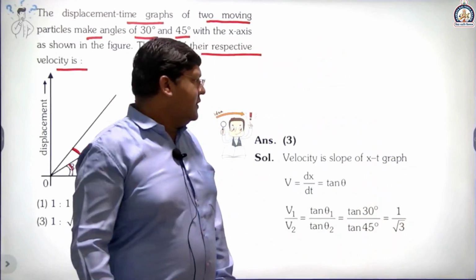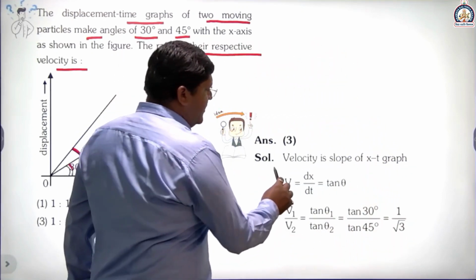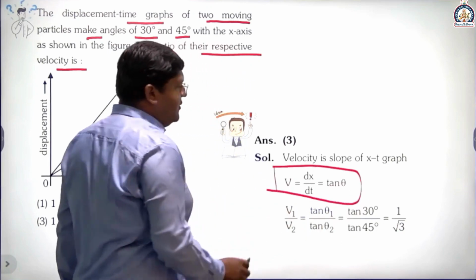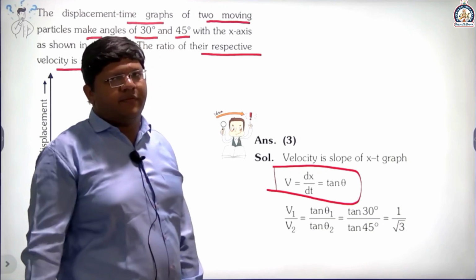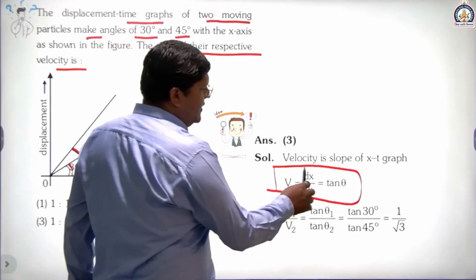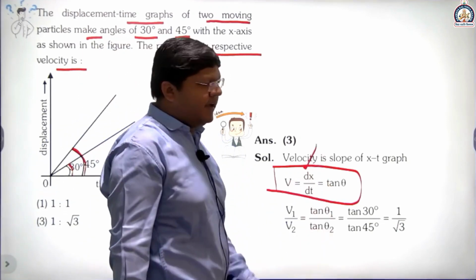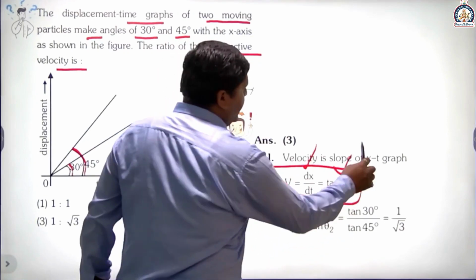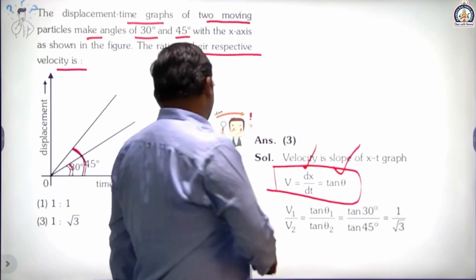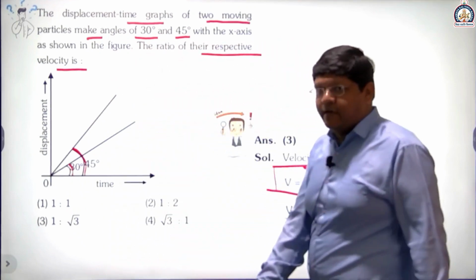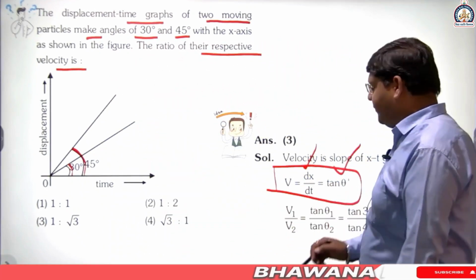As we all know, the relation is given by V is equal to dx upon dt is equal to tan theta. There are two types of questions from this type of graphical relation. First is directly solved by having y component upon x component, and other is having angular relations. So in this numerical you can see the angles are provided, so we have to use the formula for tan theta.